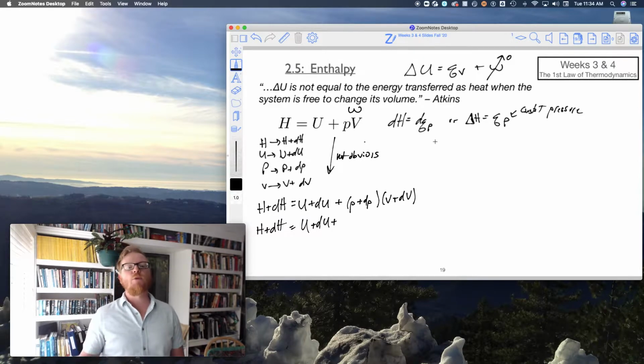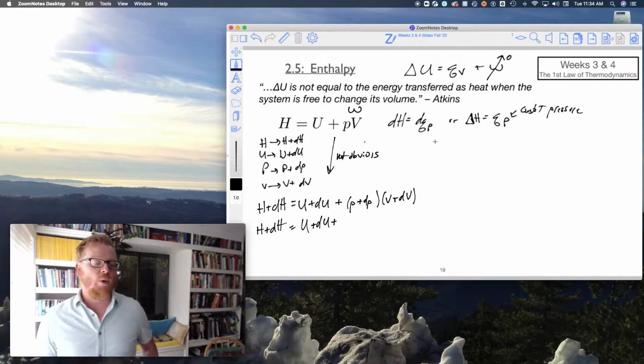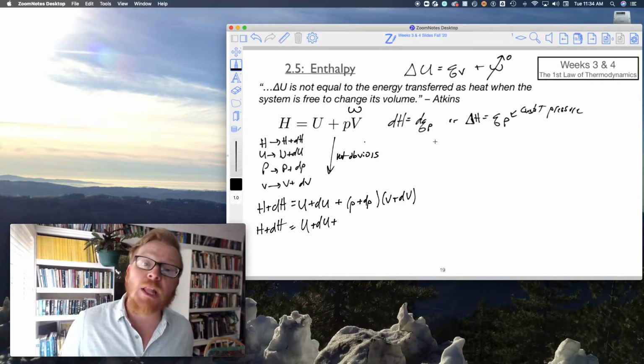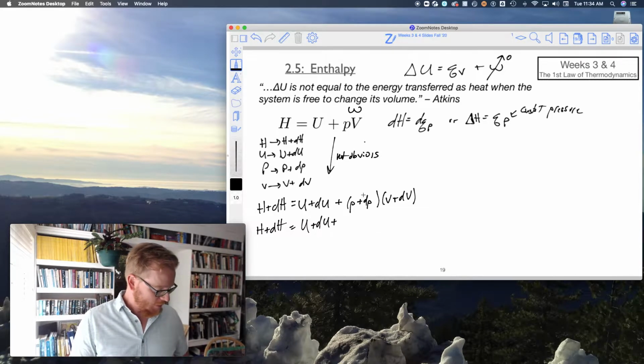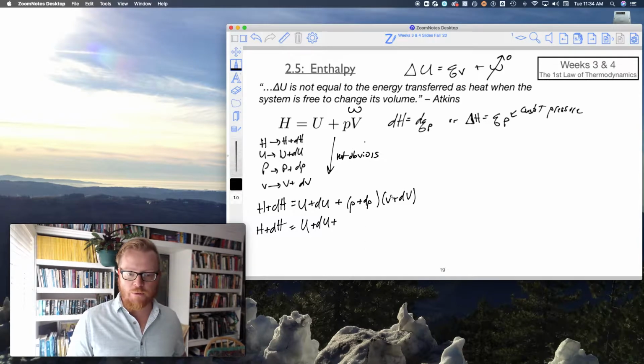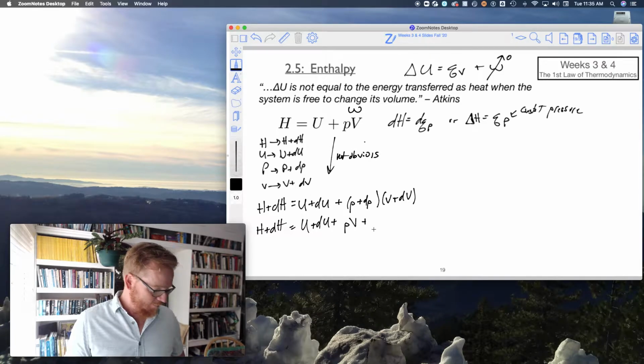But as we move forward in this course, we're going to apply the definitions and rules of calculus to try and make sense out of things, okay? So this is like an instructor assist here. So if I go and FOIL this, first gives me PV. Outside gives me PdV.